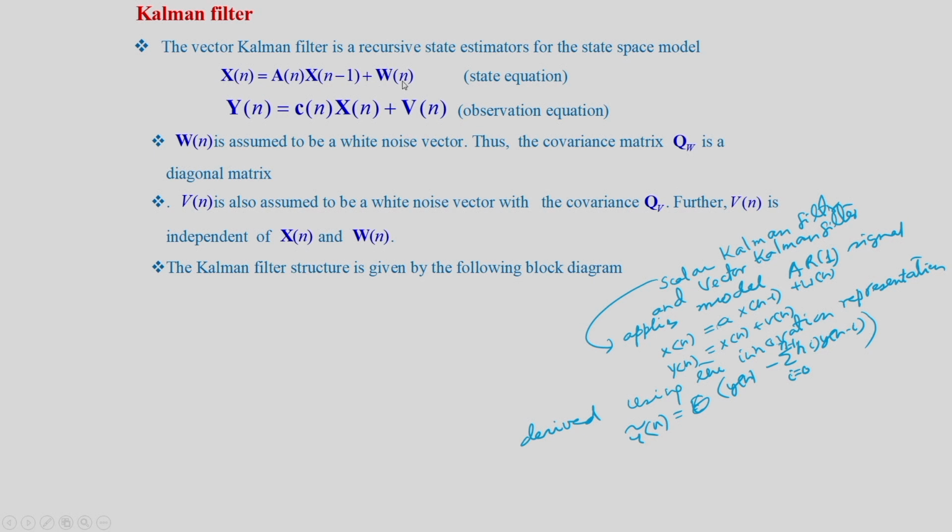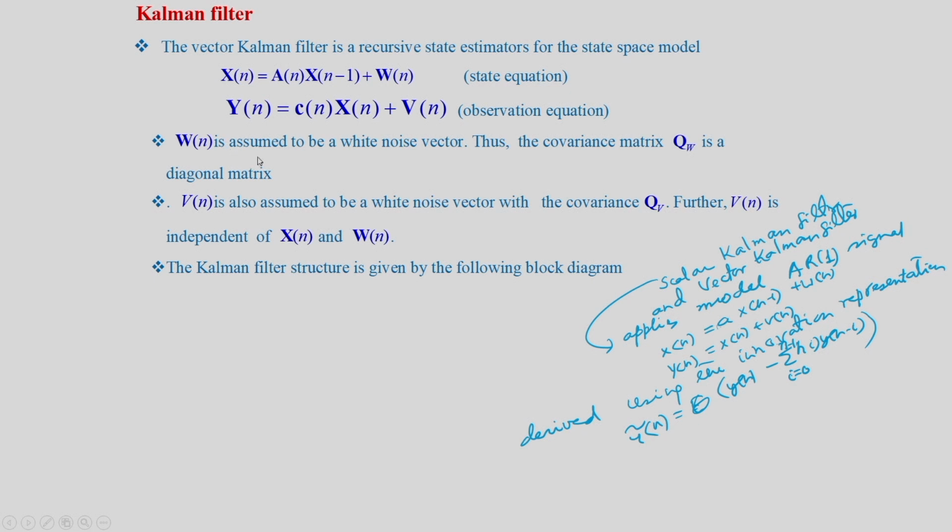Wn is a noise known as the process noise, and the observed data Yn is equal to Cn, a matrix, multiplied by Xn, where Xn is the state vector, plus Vn. Vn is again another noise vector, which is the observation noise vector, which is uncorrelated with Wn and uncorrelated with Xn.